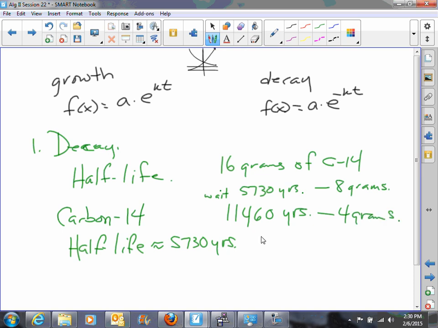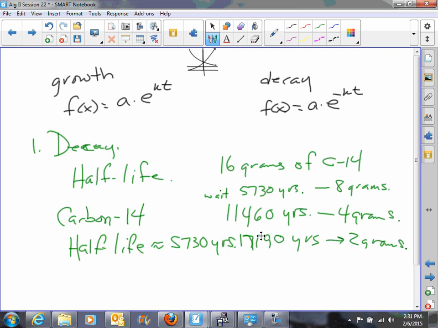Now, in another 5,730 years, what would that be? 17,190 years. In 17,190 years, there would only be 2 grams of carbon-14 left, and it would continue on like this. So theoretically, we would never get no carbon-14, but the amount of carbon-14 is cut in half each time it goes through a half-life. That's why we call it the half-life.